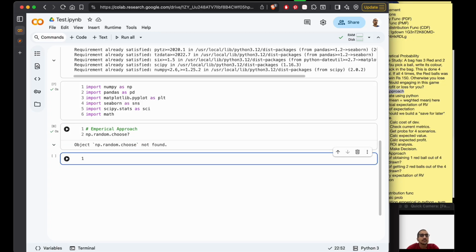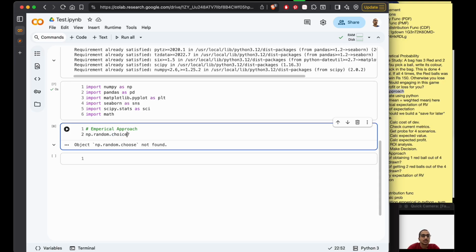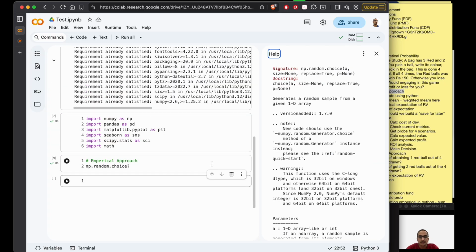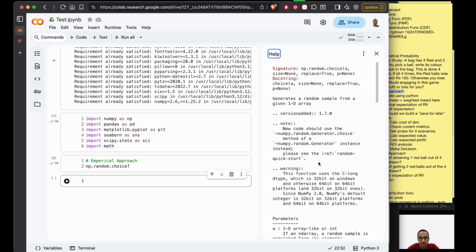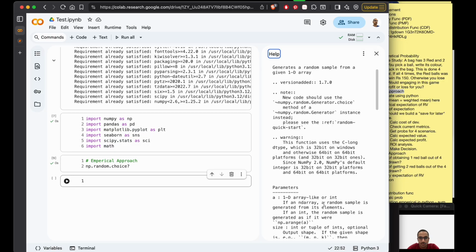Let's look at the signature and the parameters. The first parameter accepts a 1D array. A random sample is generated from its elements.